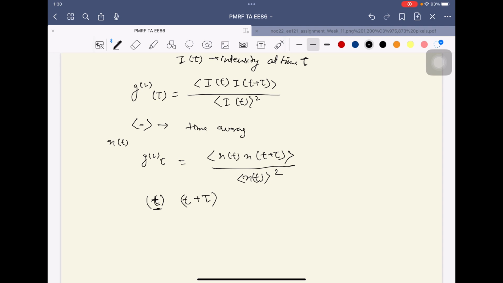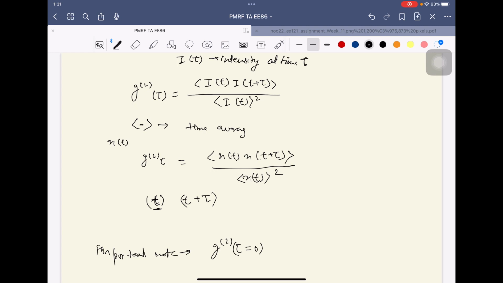The important note here is that a very important value is g2 at tau equal to 0. However, in the way we define g2, this is also kind of an ill definition. If I have measured n photons at time t, what does it mean to ask how many photons will be measured at time t plus 0, or at time t?